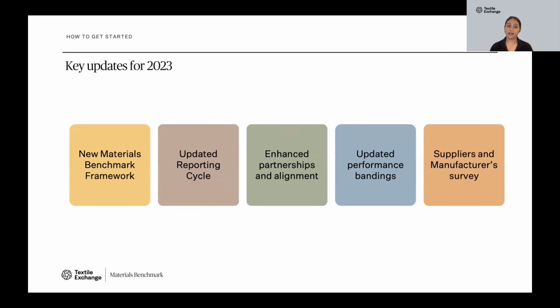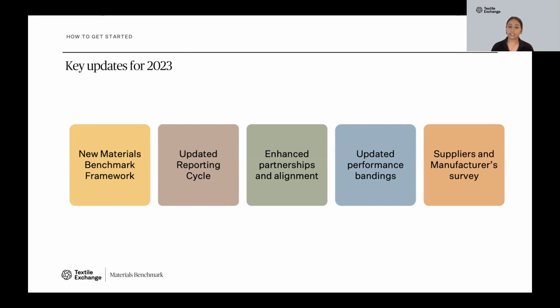Our fifth and a very important update is that the suppliers and manufacturers survey is moving out of pilot in 2023, that is this year, to an expansion and establishment phase. We carried out rigorous consultation with participants and stakeholders in 2022 to achieve this. What this means is that in 2023 we have tailored the questions to make sure that the questions are aligned with the needs of suppliers and manufacturers.